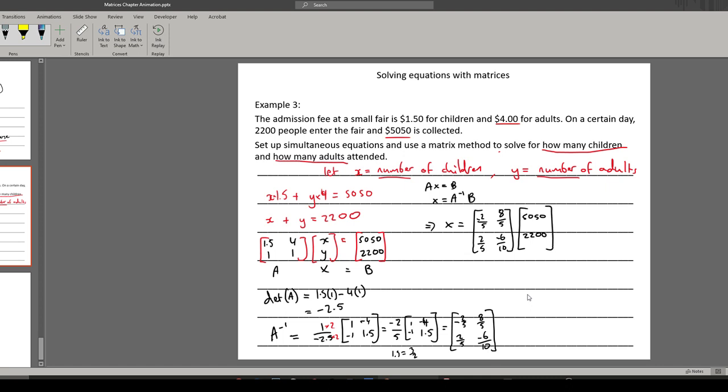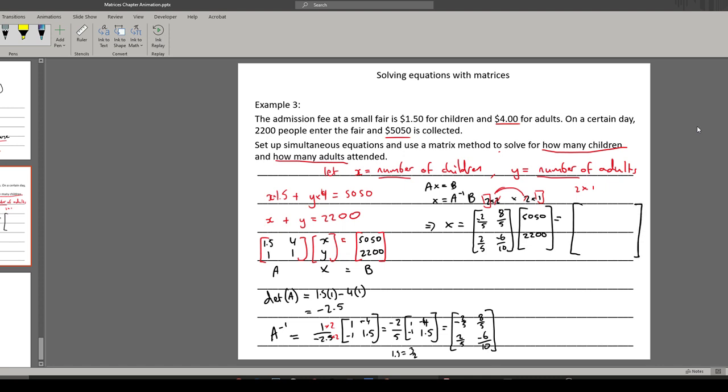Now if we do this matrix multiplication, what do we have first? We have a 2 by 2 times a 2 by 1. Okay, so that works as this and this are the same, so we're allowed to do that. And that's going to give us a matrix that has dimension 2 by 1.